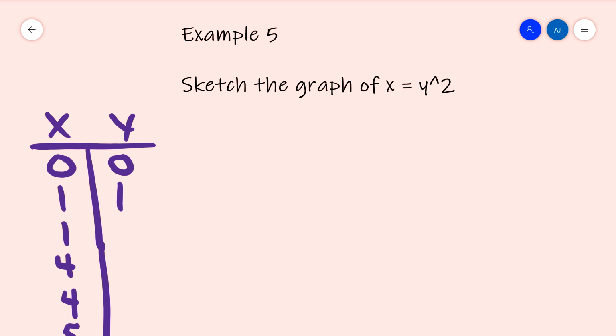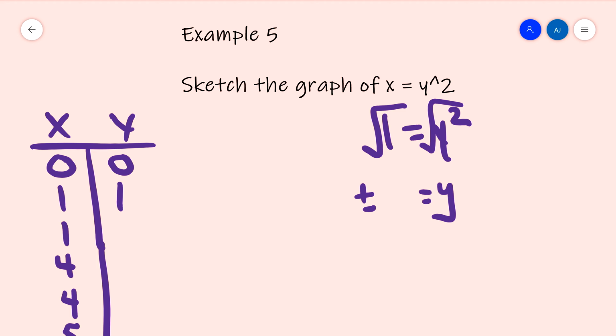But I got 2 1s. So in this case, if x is 1, 1 equals y squared. And if I take the square root of both sides, I've got that y equals plus or minus 1. So here I've got a positive 1, and this would be negative 1.